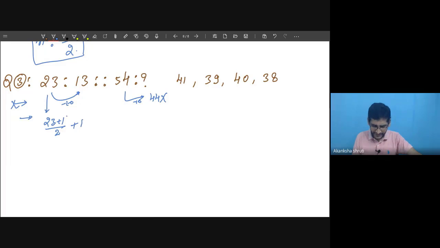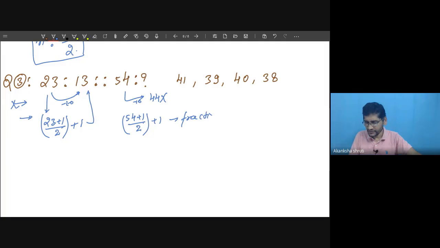In that, if we add 1, we are able to reach 13. Okay? Whether this relation exists here. If we take that, 54 plus 1 by 2 plus 1, here we are getting a fraction, so no need to even calculate this. You can quickly reject this. So this thinking is also incorrect.